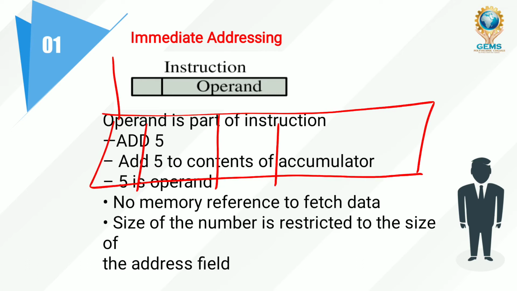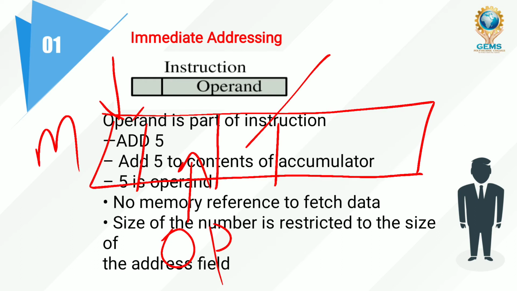This first part we can call mode. What is this? M means mode. And the second part is the opcode. What is this? Opcode. And this one is called operand. So here I am mentioning: first part mode, second part opcode, and third part operand.